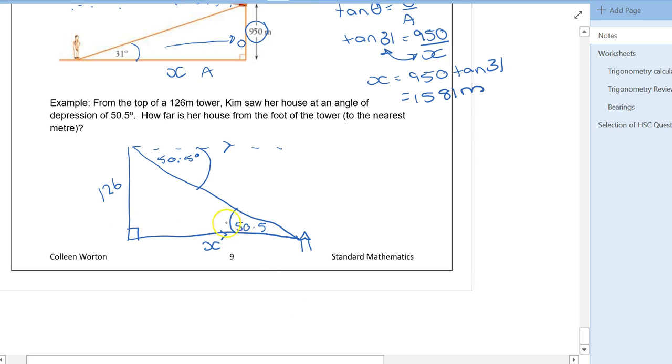And I can use the same as I did before. Tan 50.5 is opposite, which is 126, over adjacent, x. Because it's on the bottom, I want to do the switcheroo. 126 on tan 50.5.